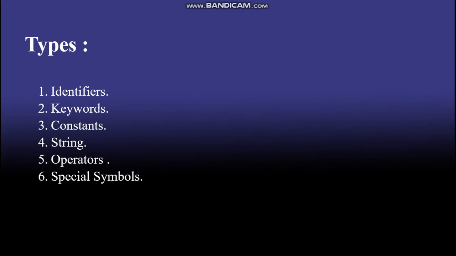The different types of tokens are identifier, keywords, constant, string, operators, and special symbols. Let's see what those are one by one. So let's start with keyword. Keywords are words which have a special meaning.